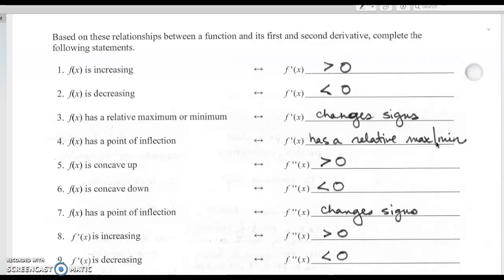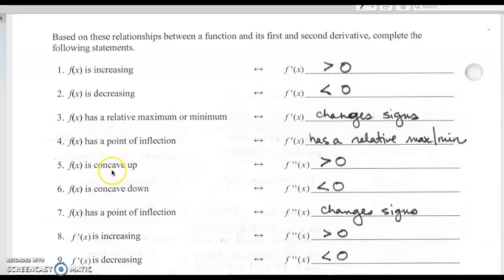Well, if you have a horizontal tangent, that must mean a max or a min. Sometimes we use the phrase changes from increasing to decreasing or decreasing to increasing. So that's where we get into fancier words. All right.